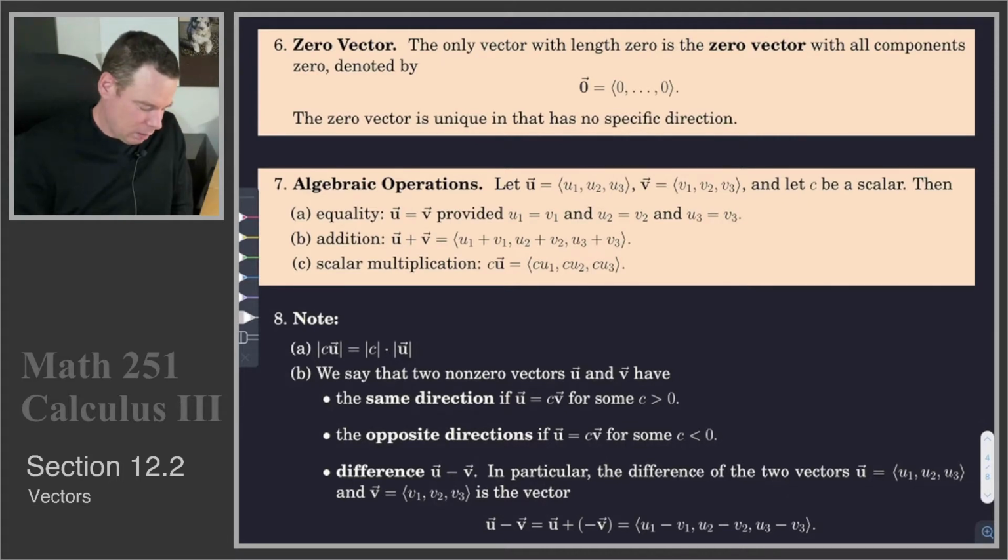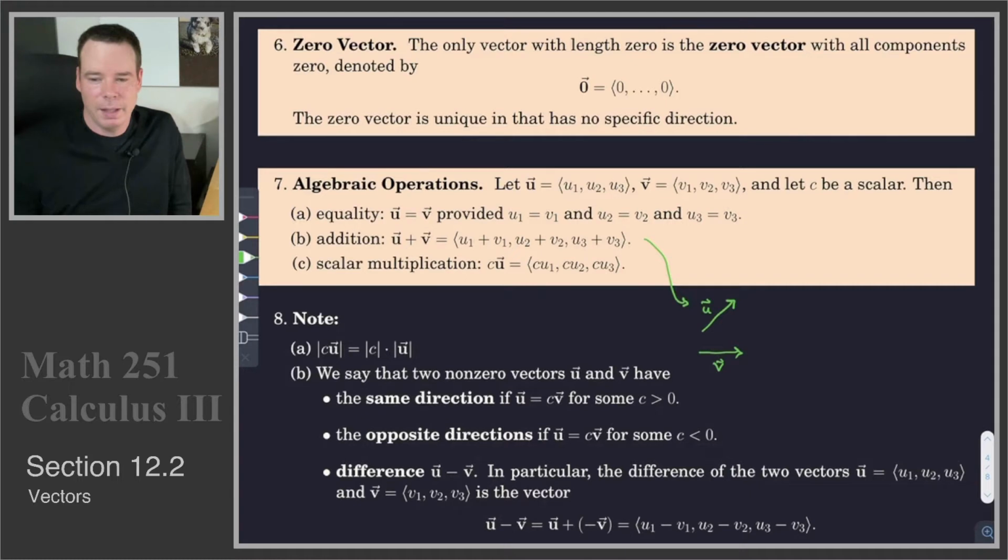The way we can think about this visually is as follows. So we'll just sketch it down here. If I had a vector u, and I have another vector v, and we'll put little vector symbols on top of them, and I want to add them together.